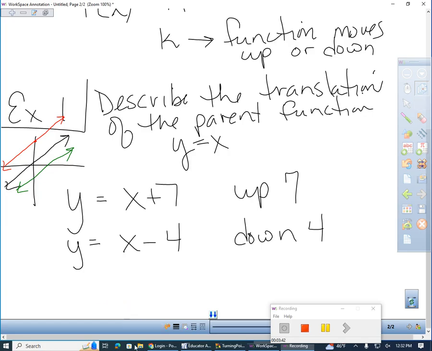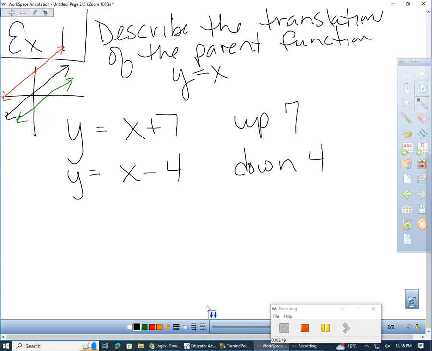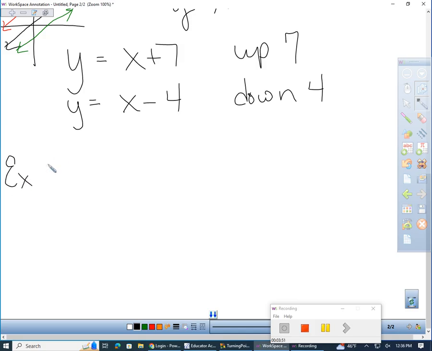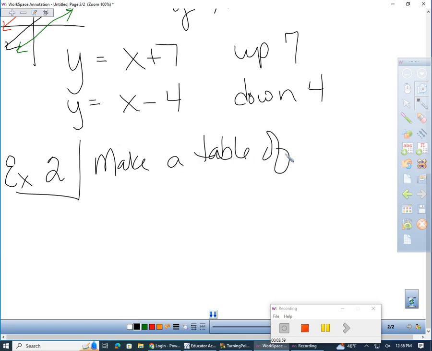Not so bad so far, right? Okay, example number 2. Make a table of values after the translation.